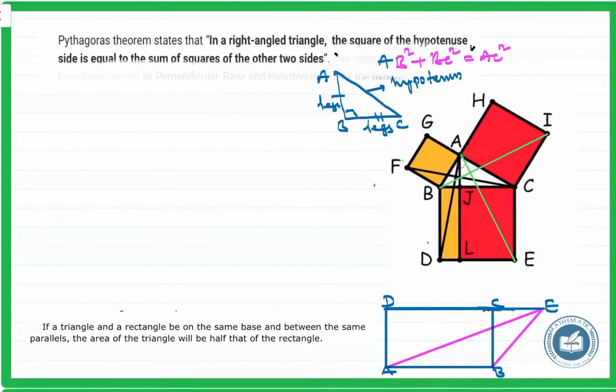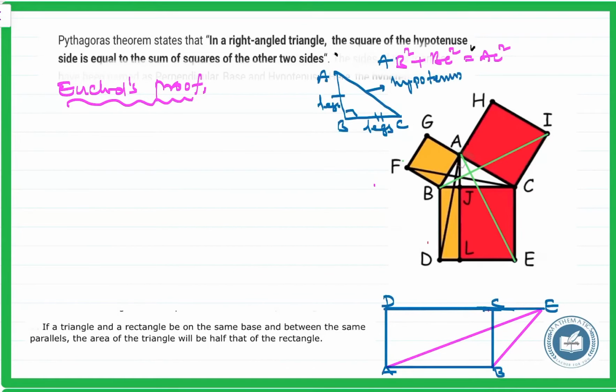In this Euclid's proof, before going to write here, there are three squares.